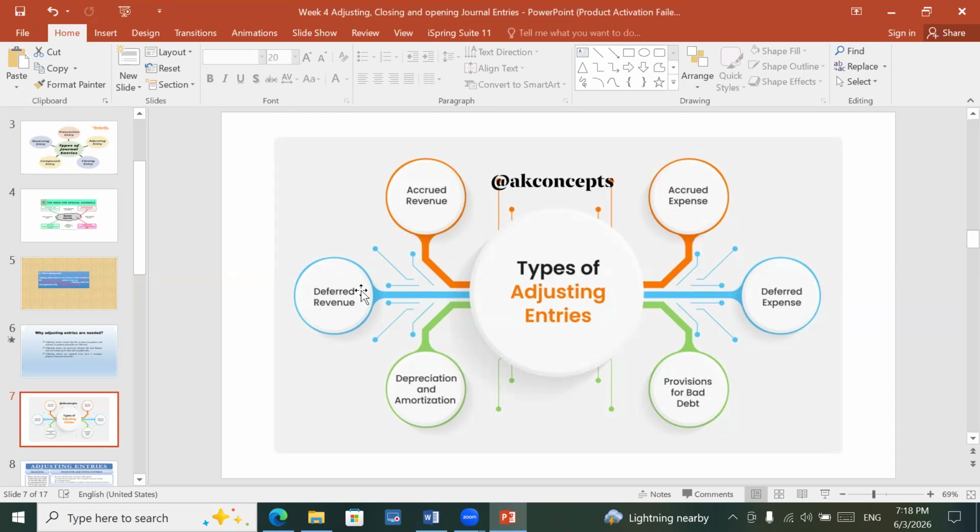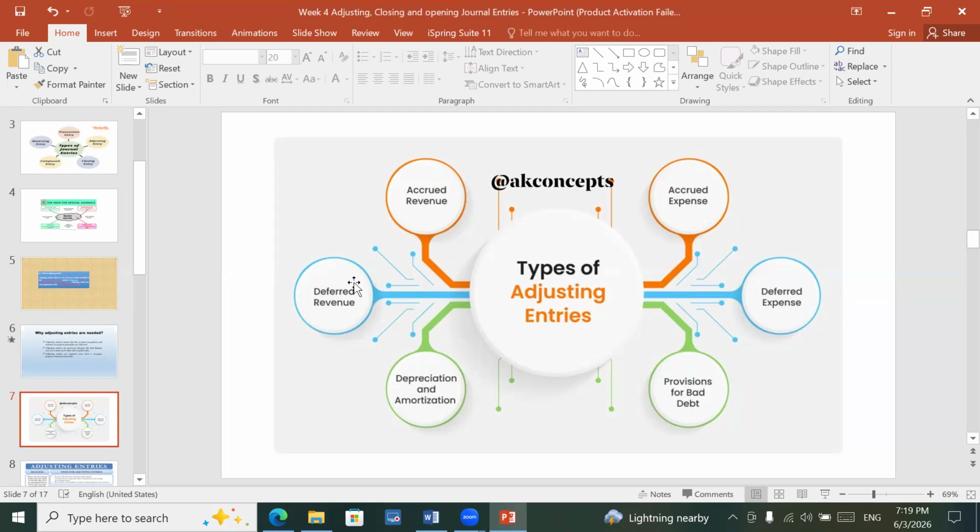This is a very technical point. You have to clearly understand this point. Accrued and deferred. Accrued means outstanding, and deferred means advance. So accrued may be revenue, accrued may be expense. Side by side, deferred may be expense, may be income. If income is deferred, definitely it will be a liability. And if expense is deferred or advance, it will be an asset.